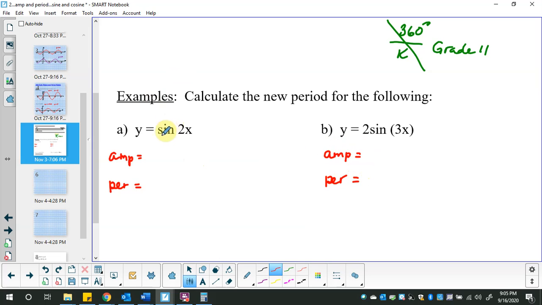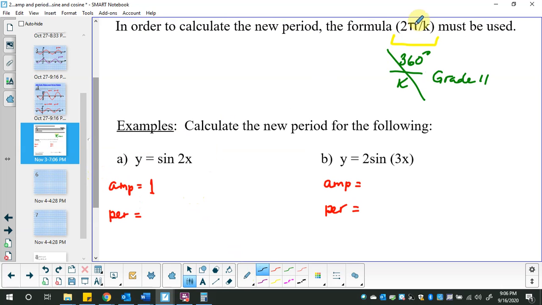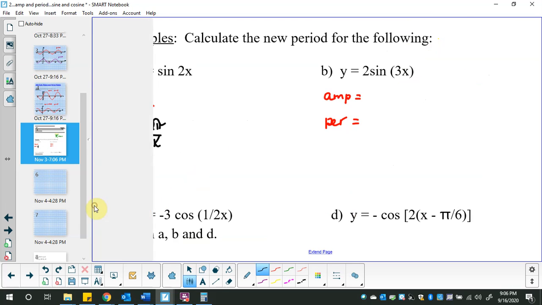So for the first question, and this is just calculating, so it's not doing anything with it until I tell you otherwise. So the number right after the equal sign before the curve's name, so in this case y equals sine x, that is an amplitude of 1. There's no flip, it's basic. The period requires you to use this formula up here, so we have to use 2 pi over k, and we have to go searching for our k.